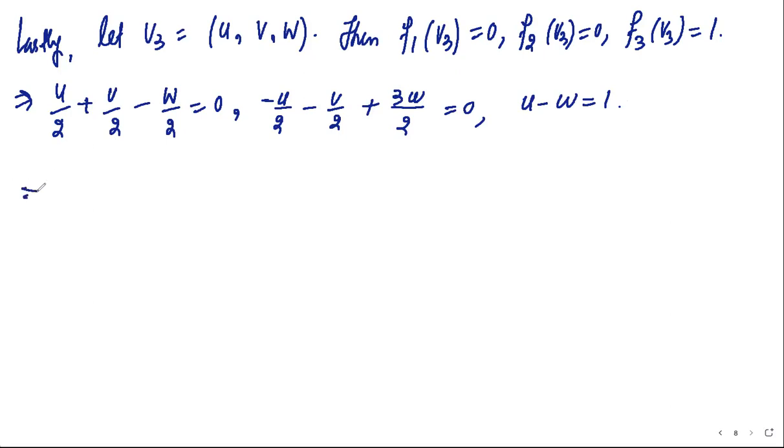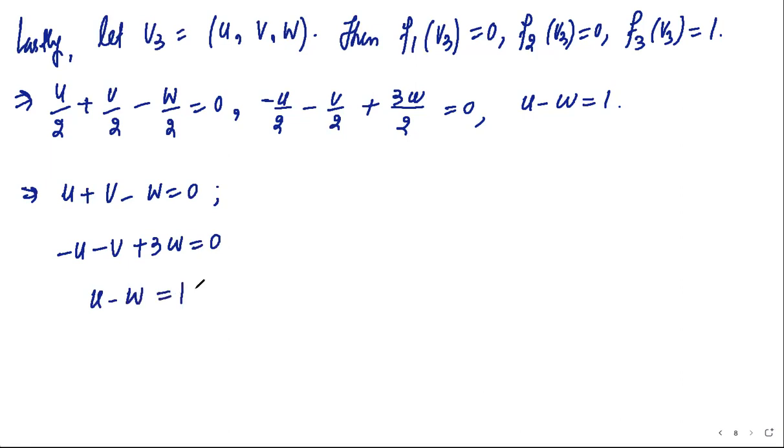Now multiplying the first and second equations by 2 on both sides, the first equation gives us u plus v minus w is 0. The second equation is minus u minus v plus 3w is equal to 0. And the third equation gives us u minus w is equal to 1.